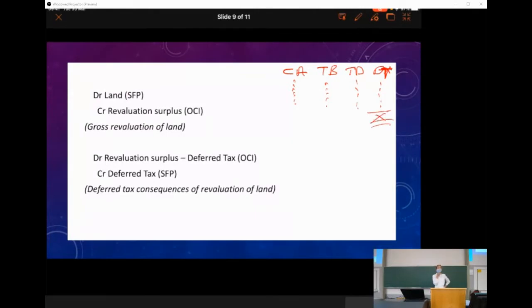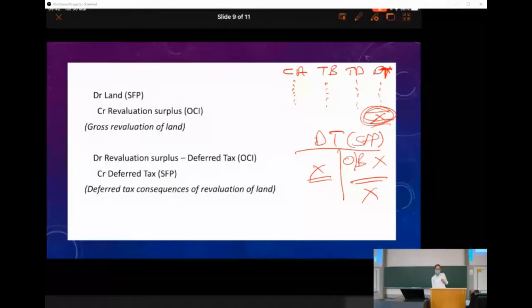In our deferred tax general ledger account in the SFP, we said that we will have an opening balance sitting there, and we won't touch that balance at all throughout the year, up until the end of the year when we've calculated our closing balance. Then we say, okay, we want our closing balance to be this amount, so we need a journal for whatever we need. Remember we said that.